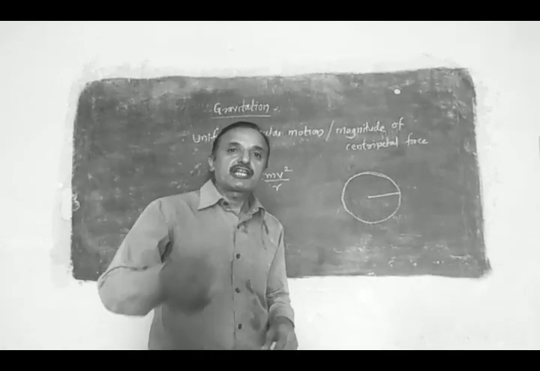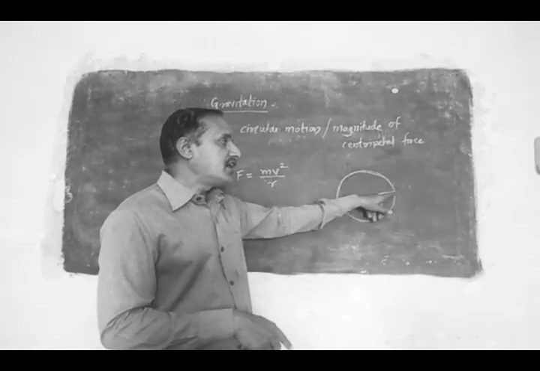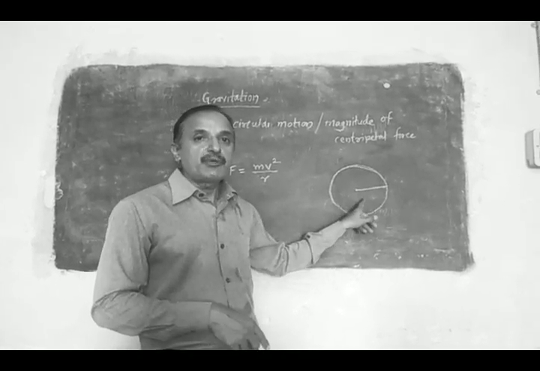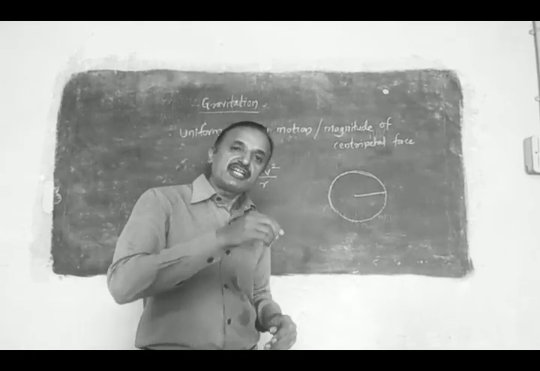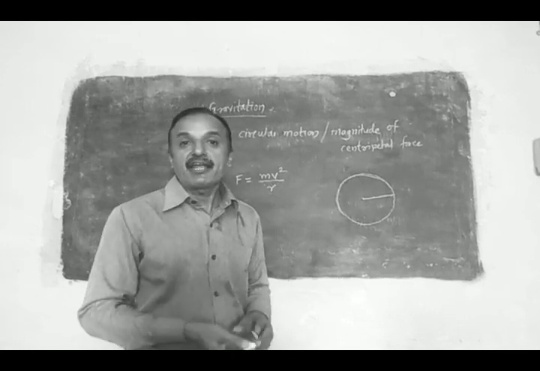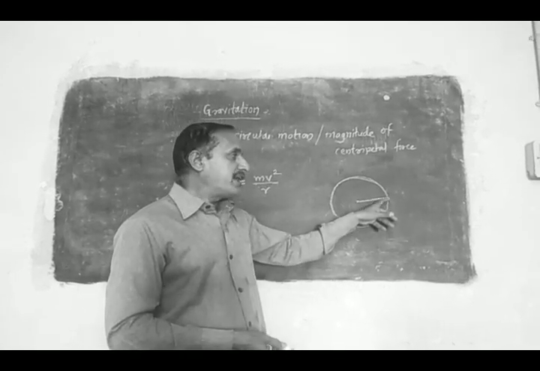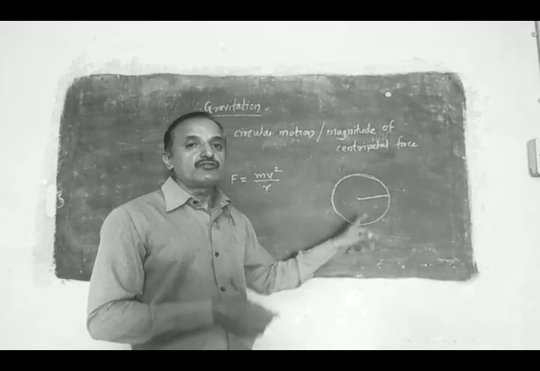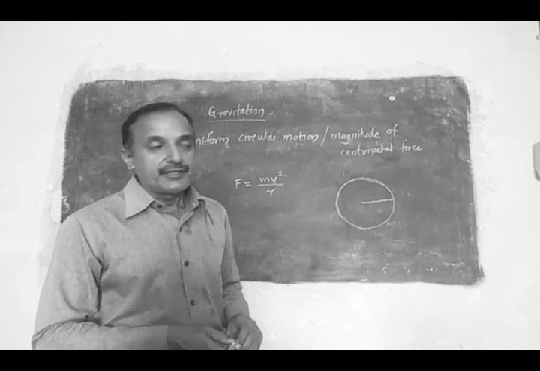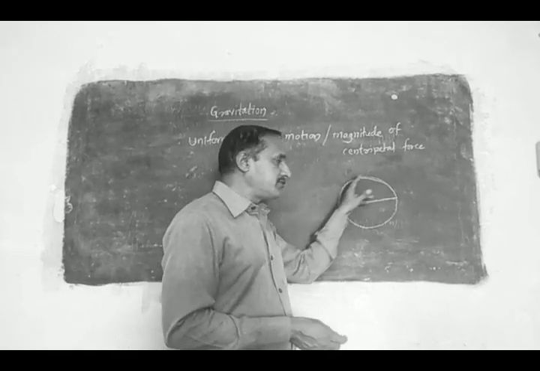When planets revolve around the sun, they are under the influence of the centripetal force of the sun. That force exists from the center of the sun and acts on the planet. Then afterwards, we find the speed.